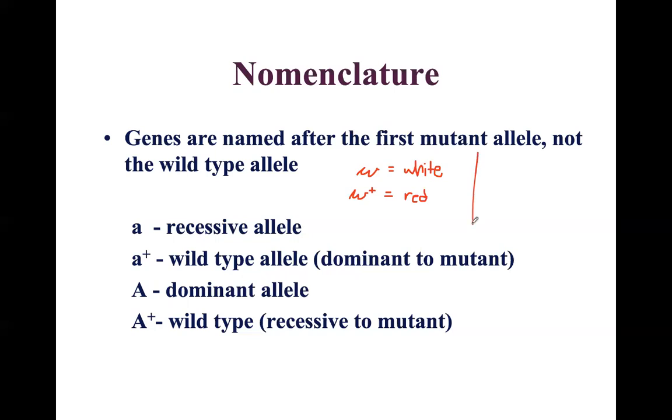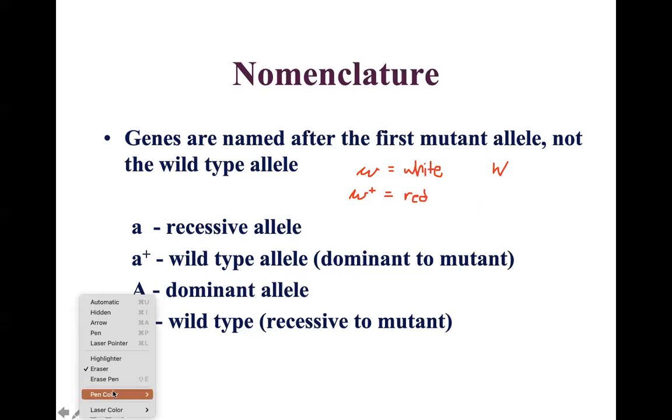Now, what we're not going to do, but it still exists, is see, this is a small case W, which means the mutant is recessive. If we used a big W, that is also white.